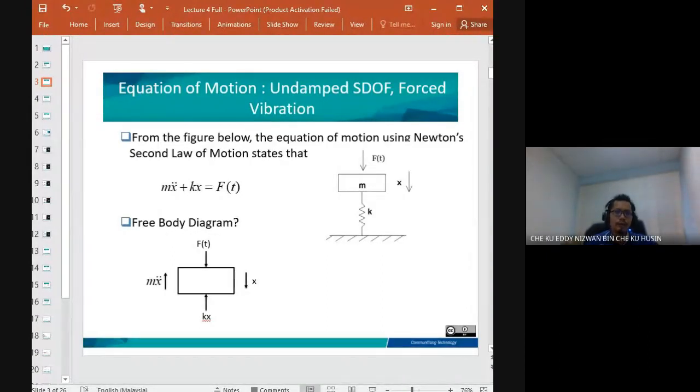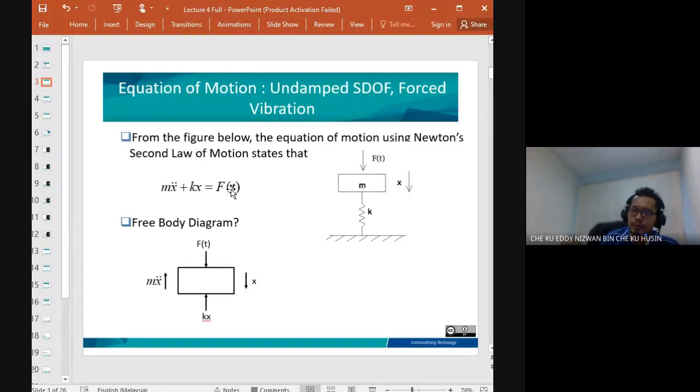Okay, if we draw the free body diagram for the single degree of freedom with the excitation force, the force induced on the system we represent as F as a function of t. F can be any kind of force.